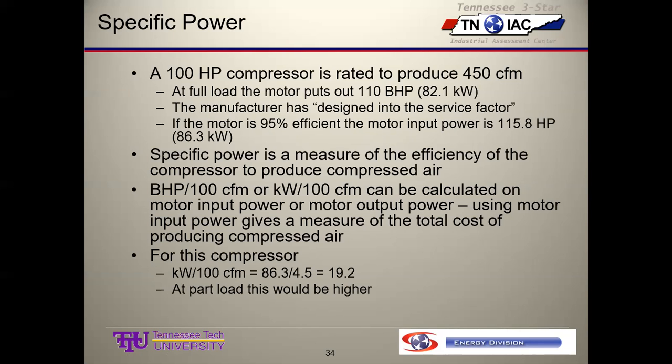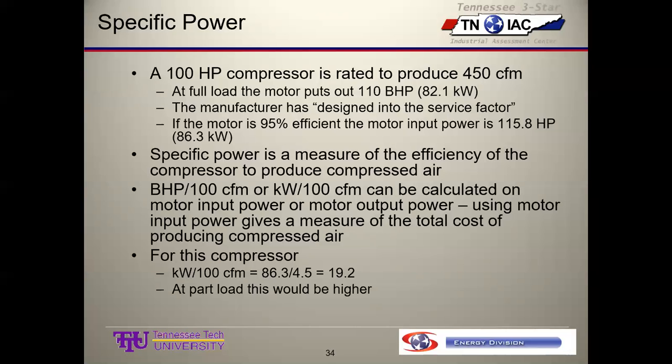We typically see numbers probably between 16 and 22, something like that, in terms of kW per 100, and a little bit higher in terms of brake horsepower. So this can be calculated, and you can do it on motor input or output power, depending on whatever your desire is. You just need to be consistent in doing that.